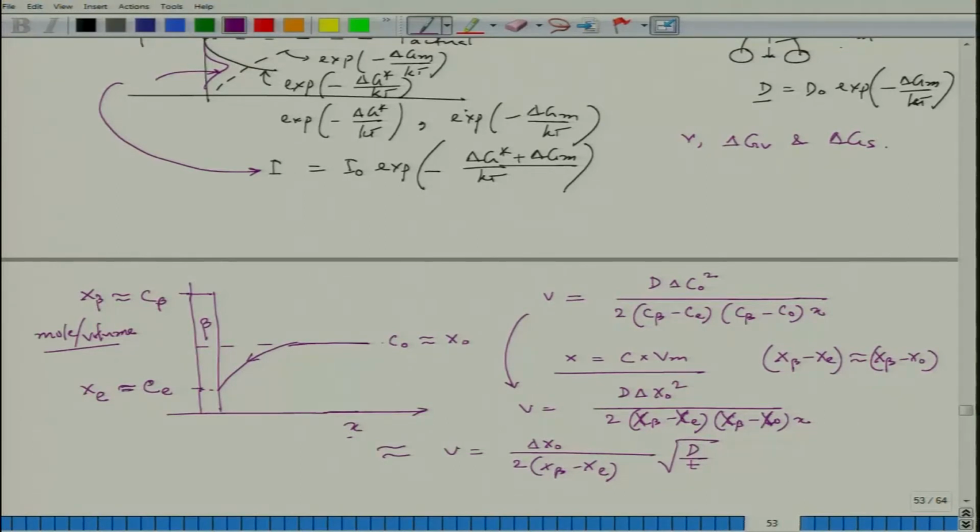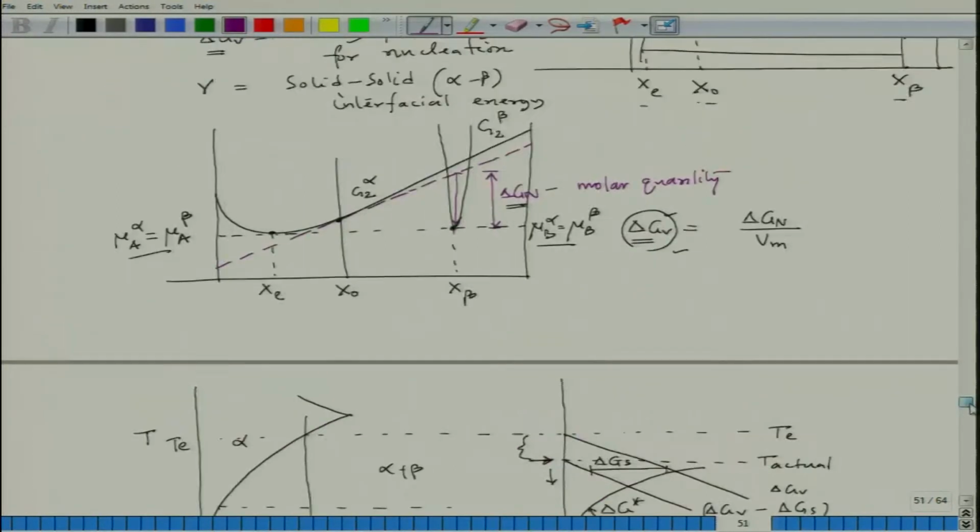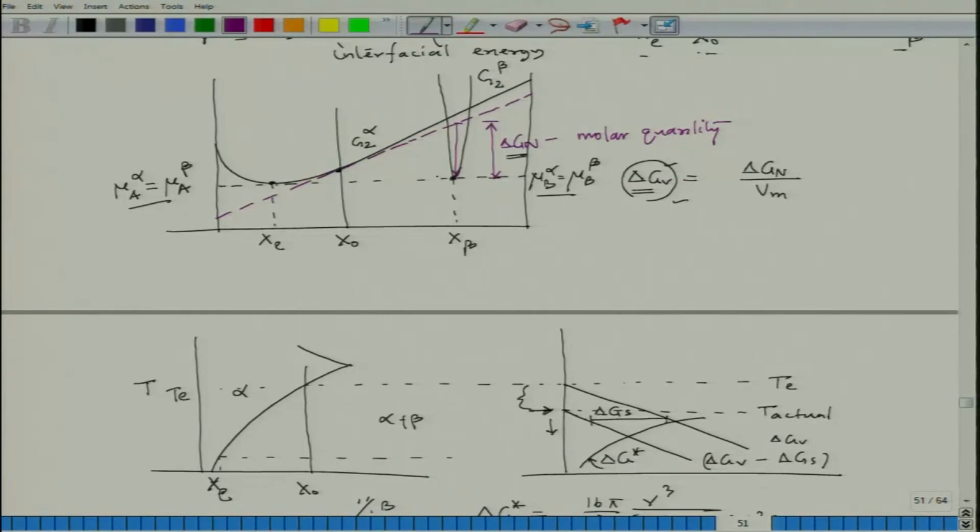Now here also, if we look at this diagram, del x0 is nothing but x0 minus xe, and we can also prove that delta Gn is proportional to delta x0, or delta Gv is proportional to del x0.